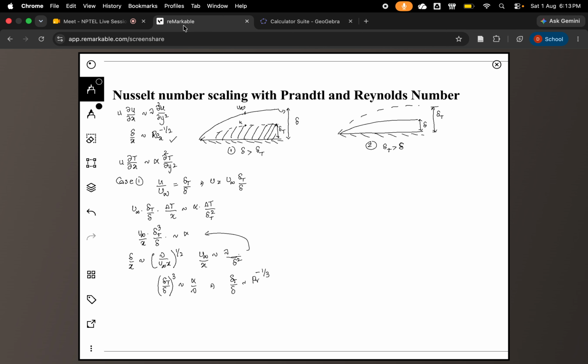And now coming back to the original way we are trying to establish the Nusselt number scaling. In order to get the Nusselt number, we need to first define the heat flux. The heat flux in this boundary layer region is the thermal conductivity of the fluid times delta T across the boundary layer divided by the thickness of the boundary layer.